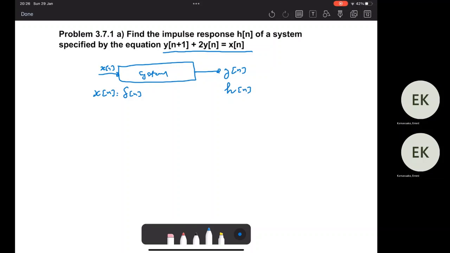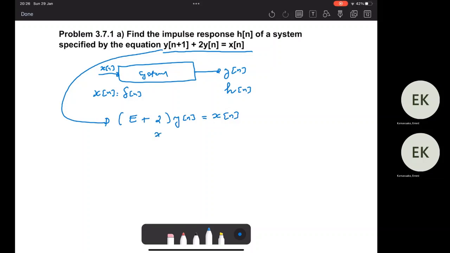We can see that from this equation, we can write it as (E + 2) y[n] equal to x[n], which is the input.